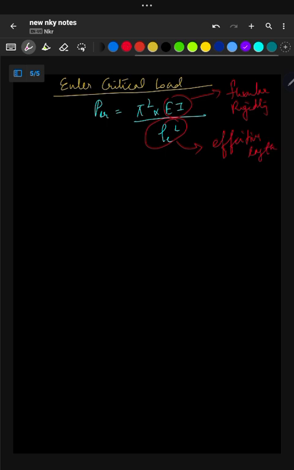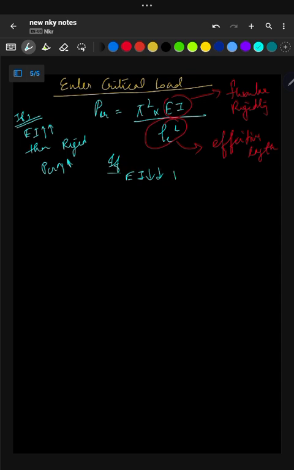If EI is greater, flexural rigidity is greater, then it is more rigid, because PCR will be greater. If EI is smaller, then PCR will be smaller, that is less rigid.